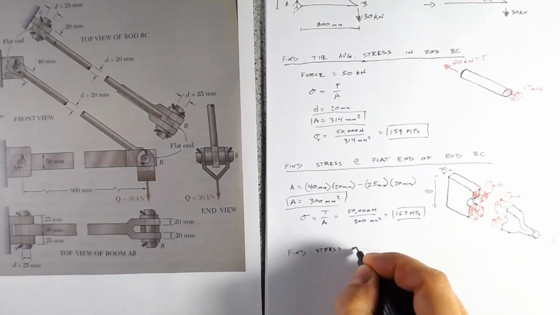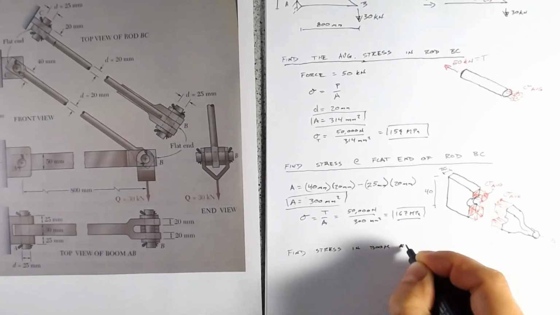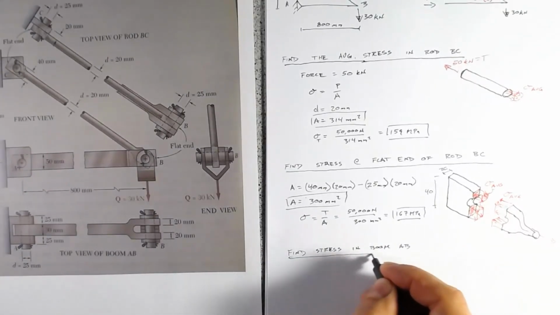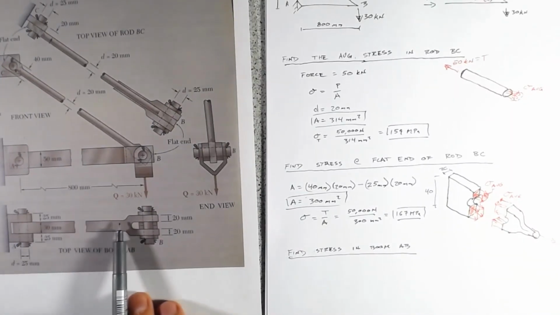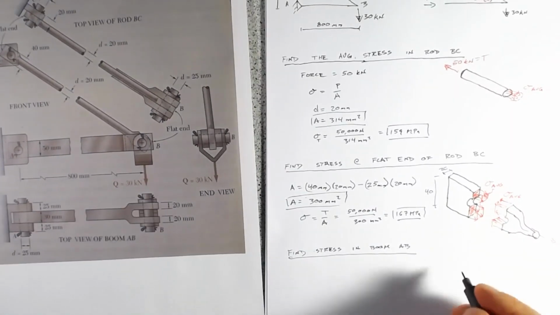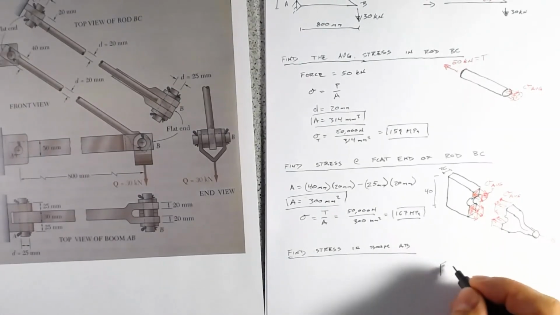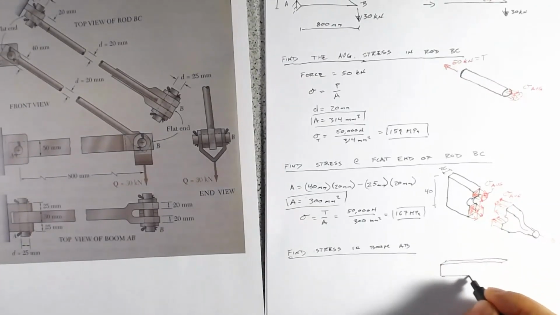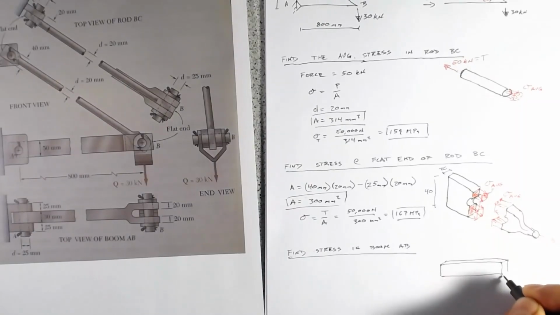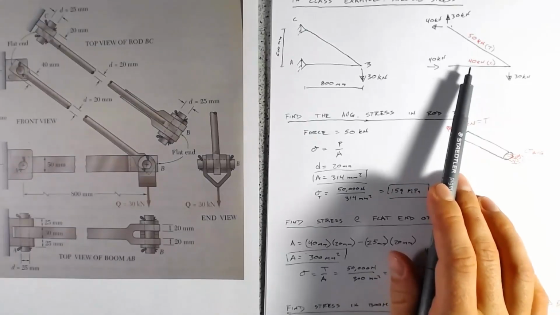Stress in boom AB. We're really looking anywhere between here and here. We essentially have the following diagram where we just have a rectangular section. And remember that this boom is in compression.